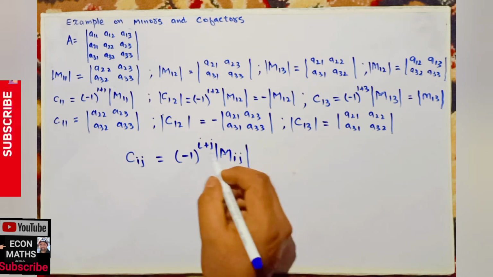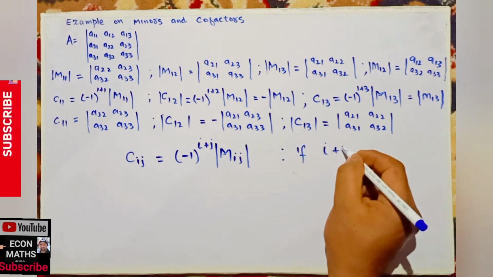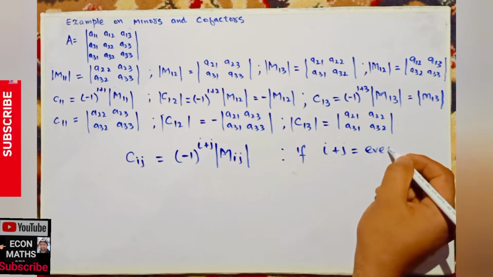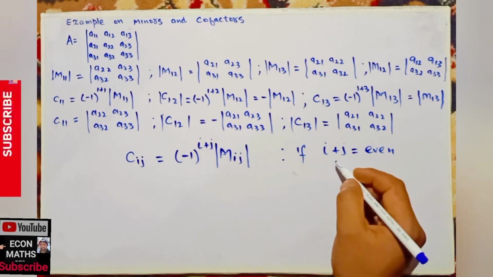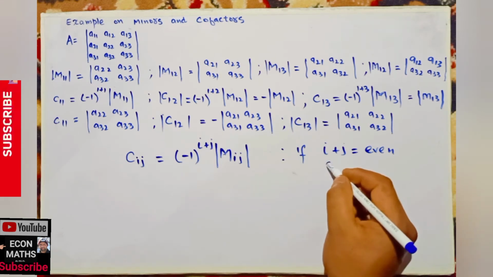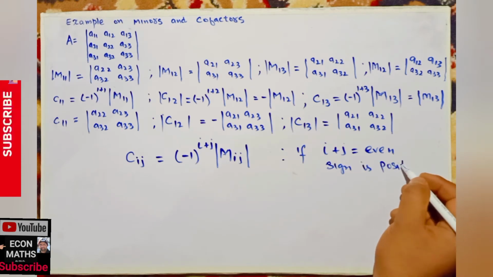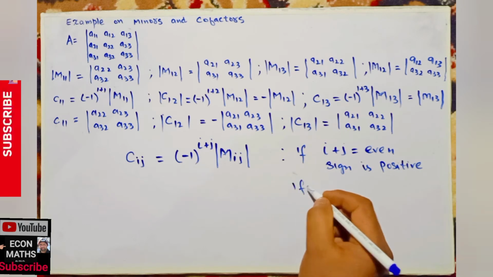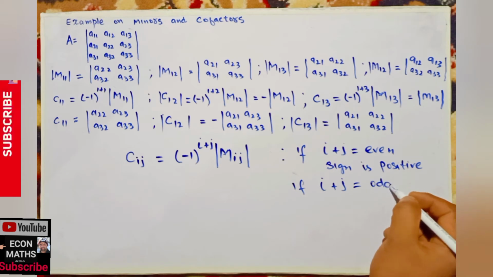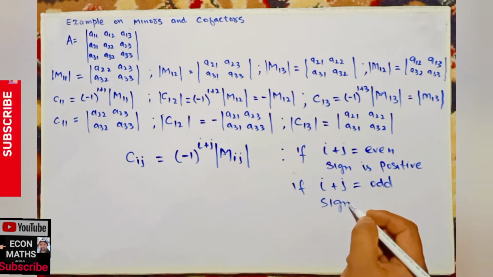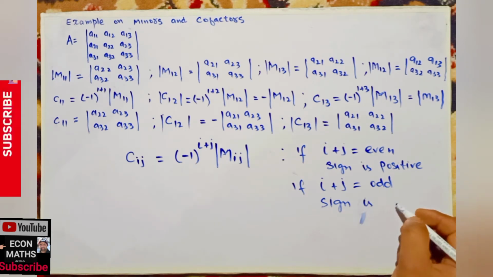So if i plus j is even, then the cofactor is positive, and if i plus j is odd, then the sign of the cofactor is negative.